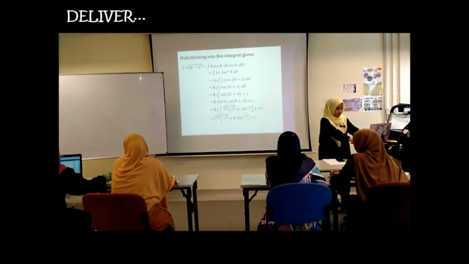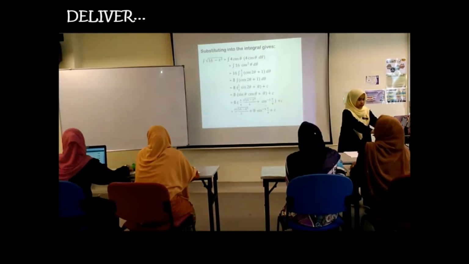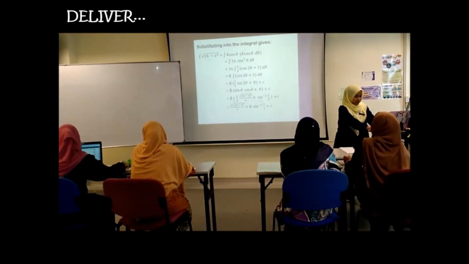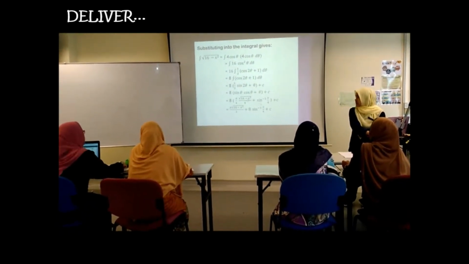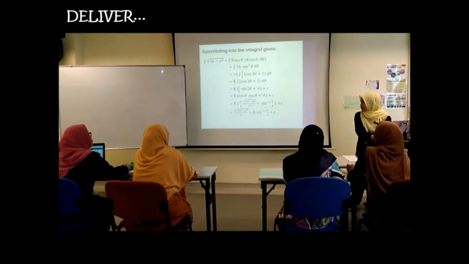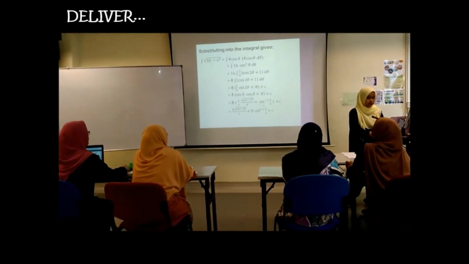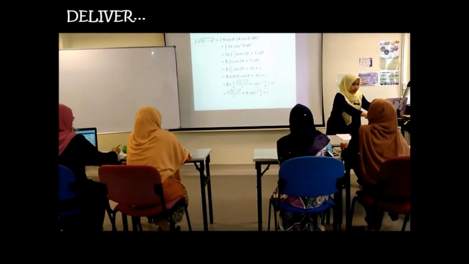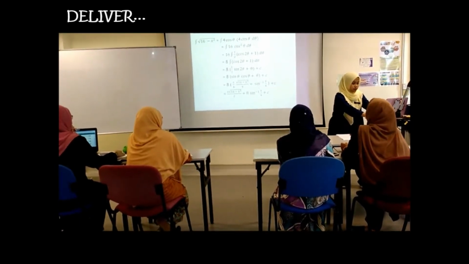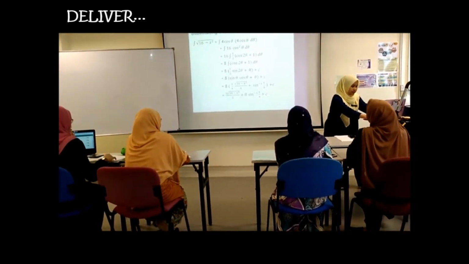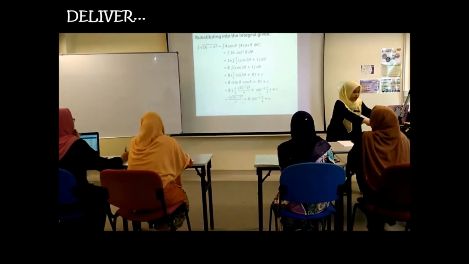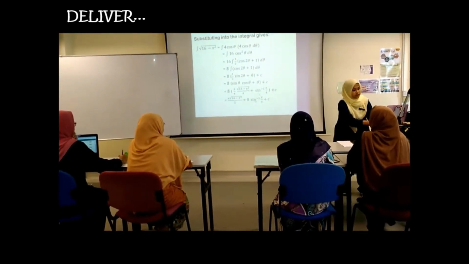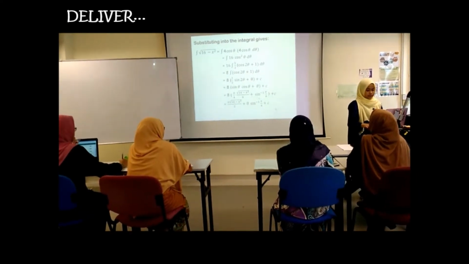And then we get 8 bracket x over 4 times square root of 16 minus x squared over 4 plus inverse sin x over 4 plus c. So we simplify, we get x square root of 16 minus x squared over 2 plus 8 inverse sin x over 4 plus c.